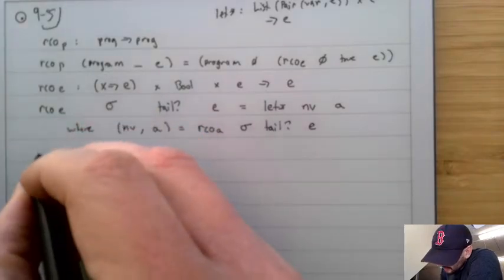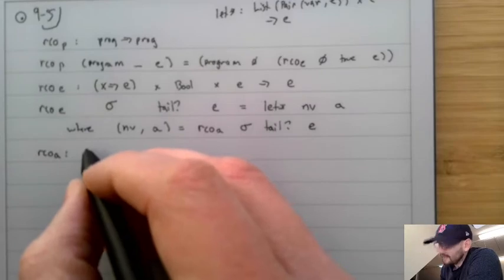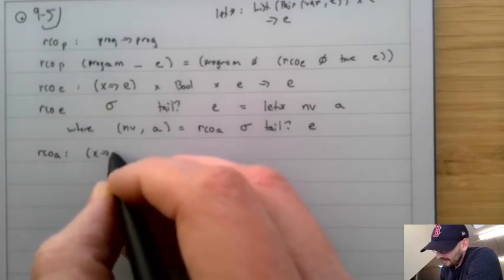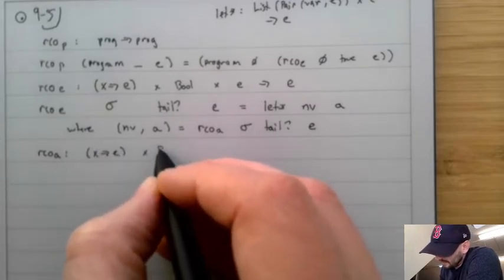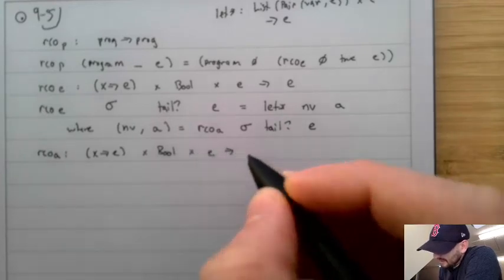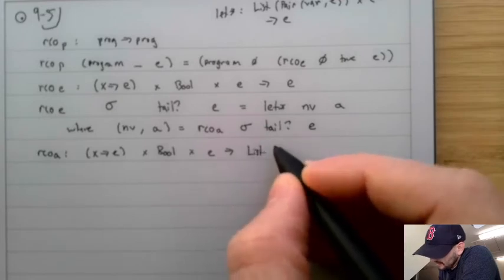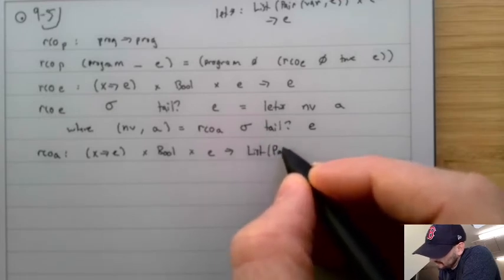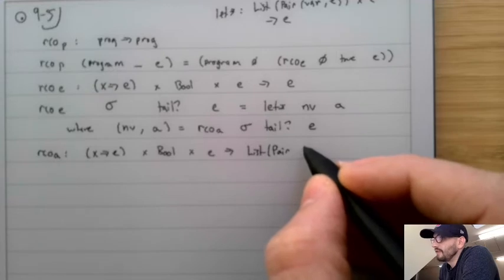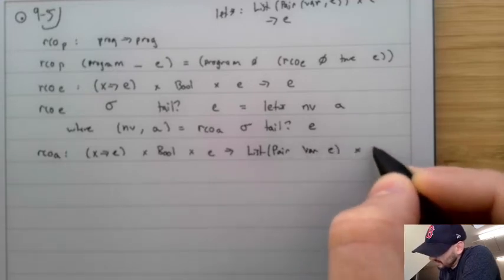Okay, now RCOA takes a mapping from X to E, just like before. It takes a Boolean, just like before. It takes an E, and what it does is it returns one of these complicated things. It takes a list of pairs of variables and expressions, and it returns an expression.